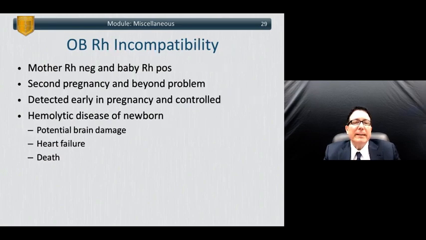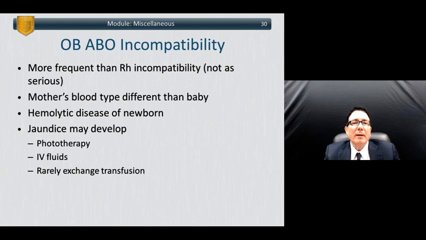Rh incompatibility: mother Rh negative and baby Rh positive, usually happens in second pregnancies and beyond. It needs to be detected early in pregnancy and controlled because of the potential for hemolytic disease of the newborn that can present in the newborn with potential brain damage, heart failure, and even death.